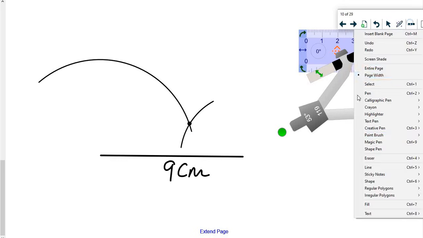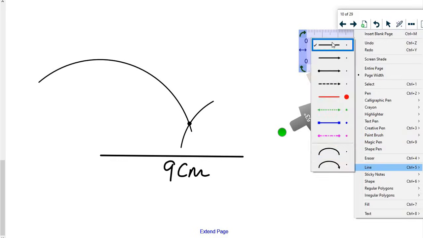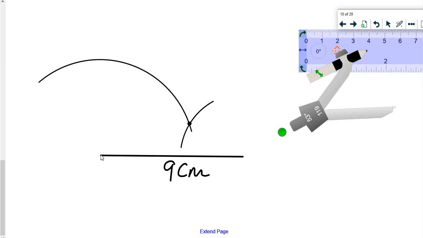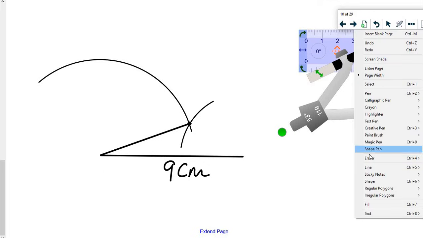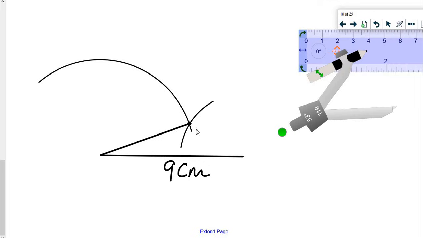And then take your scale to form a triangle. From here to here. And from here to here. You have got your triangle. Now, what we are supposed to do with this triangle is to classify it.